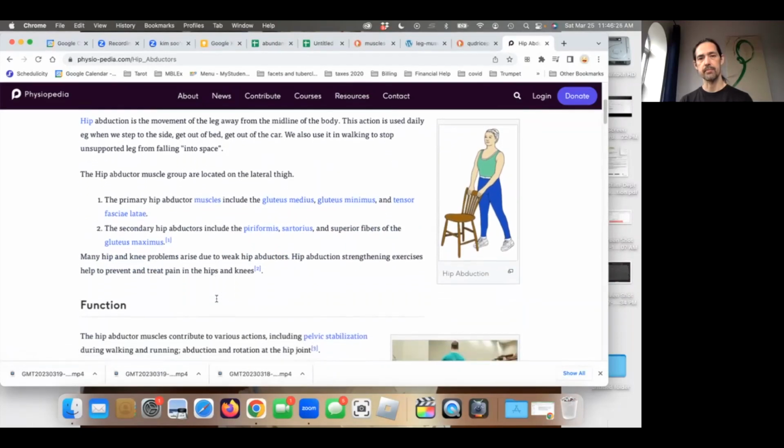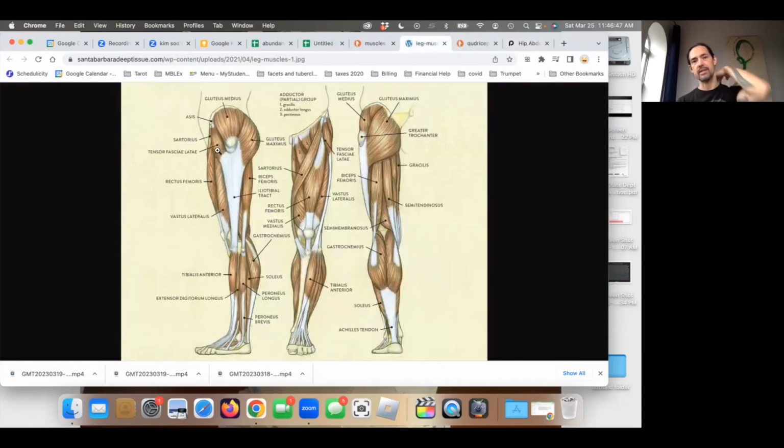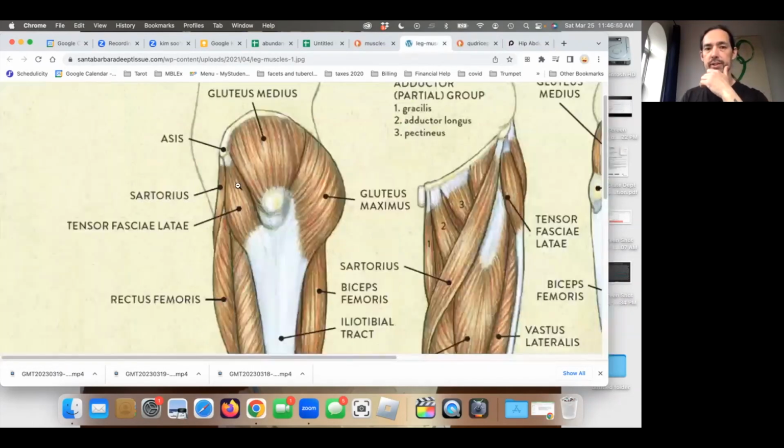So the muscles that abduct the hip, or that is to say abduct the femur at the hip, include the muscles which we've already reviewed, the gluteus medius and the tensor fascia lata. And if you look at the drawing, that kind of makes sense, right? Because the tensor fascia lata and the gluteus medius are on the side.